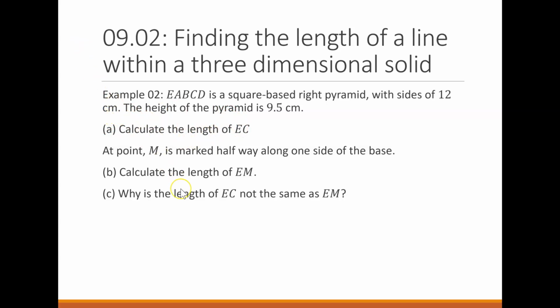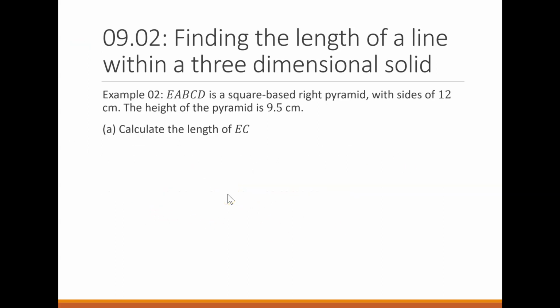That's like one of the slant edges of the pyramid. Then we have a point M that's halfway along one of the sides of the base. We're going to calculate EM, like the height of one of those triangular faces, and then talk about why they are not going to be the same length.